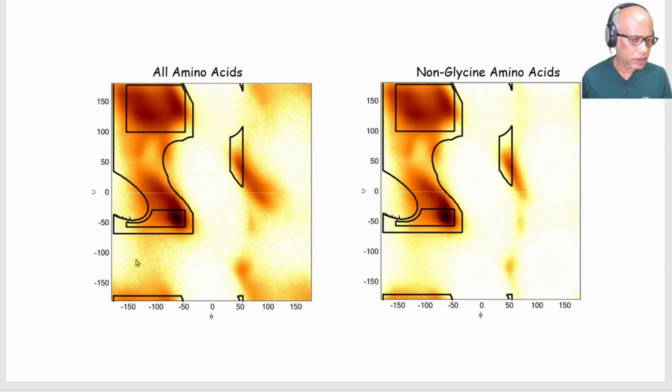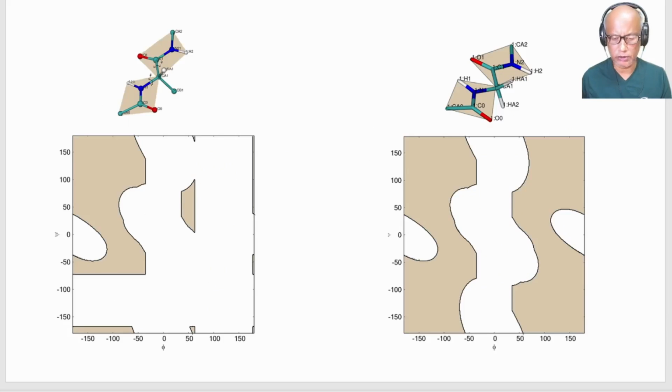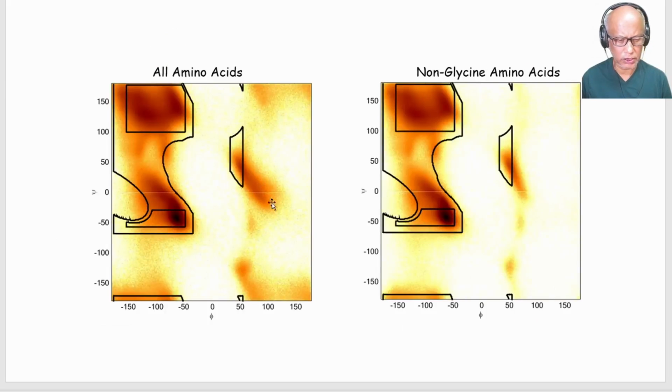The reason for that we had seen is due to the glycine amino acids. Now, glycine lacks a C-beta carbon like the alanine, therefore it misses out certain clashes which the C-beta carbon would have done. And so the glycine map, as you can see out here, has additional allowed regions. And some of these points that were there are actually due to glycine residues.